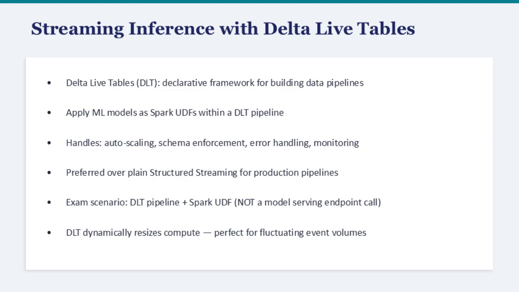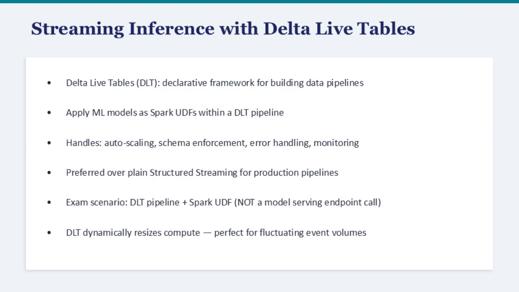Now here's the critical exam distinction, right? The sample question describes a podcast platform that needs to process tens of thousands of events per second with dynamically resizing compute. The options include DLT with a Spark UDF, structured streaming with a Spark UDF, DLT calling a model serving endpoint, and structured streaming calling an endpoint.